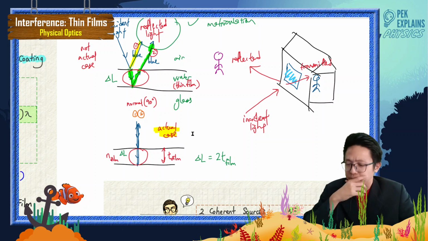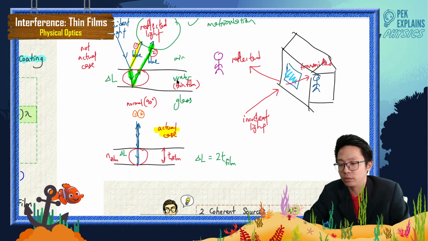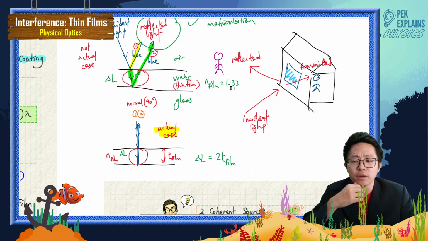And then you must understand that this thin film has a refractive index. The water is the thin film, and its refractive index is 1.33, so it is not equal to 1.